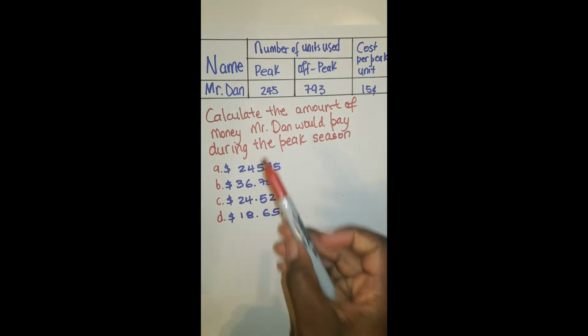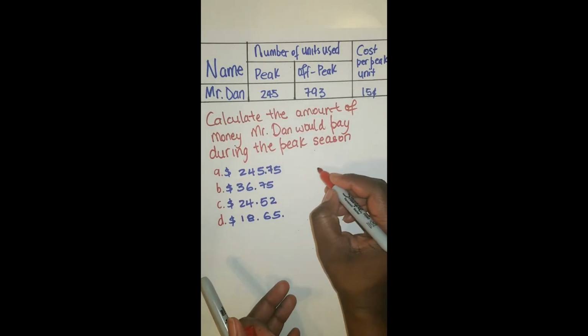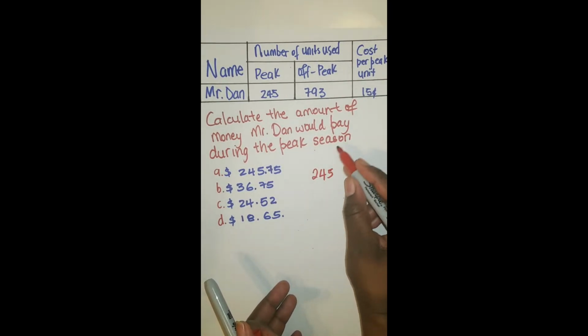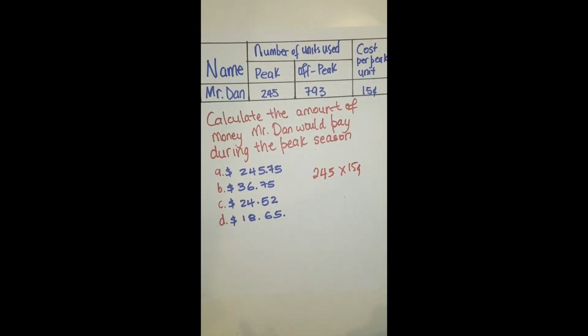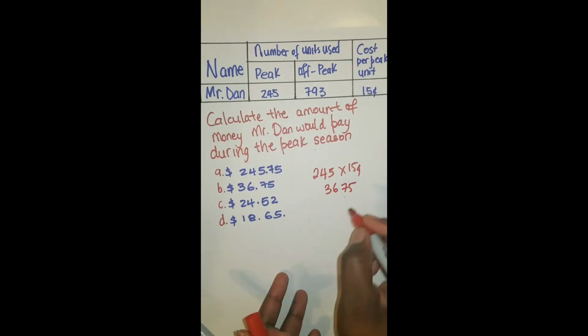And so peak season basically represents the 245 here, and it's 15 cents per unit. So he used 245 units. So to know the total, you multiply the 245 by the 15 cents. Alright? And remember, this is in cents, so whatever you get, you're going to convert to dollars. So 15 times 245 should give you 3675.